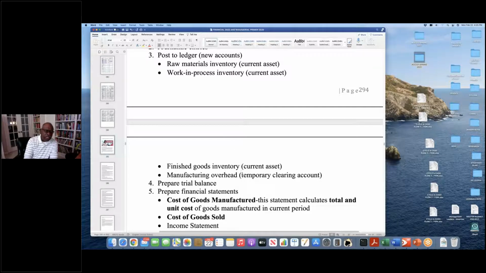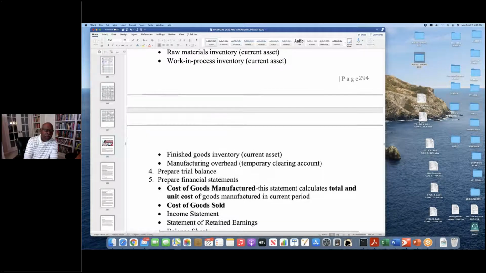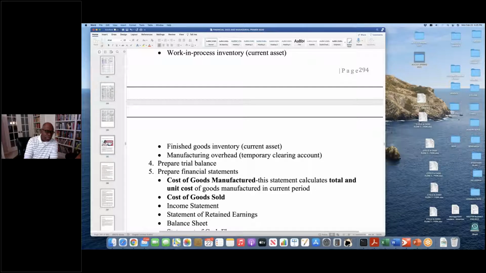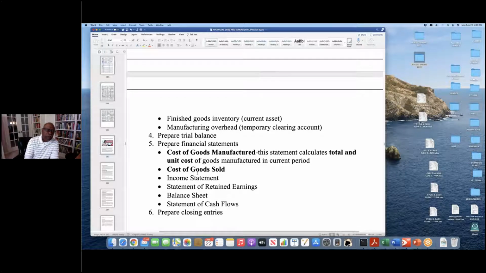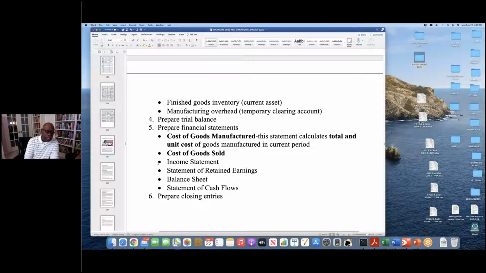We prepare a trial balance and the financial statements. We have two new statements: the cost of goods manufactured, because we have to look at how much it costs to make each item, and cost of goods sold. Then the income statement, statement of retained earnings, balance sheet, and statement of cash flows, and then closing entries at the back end.